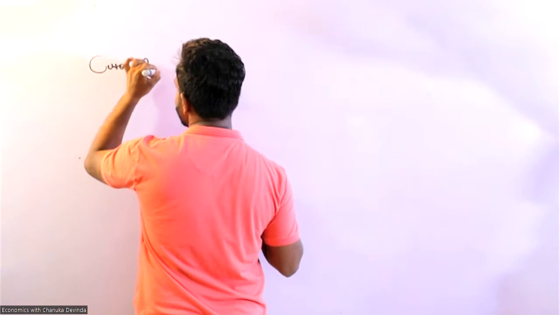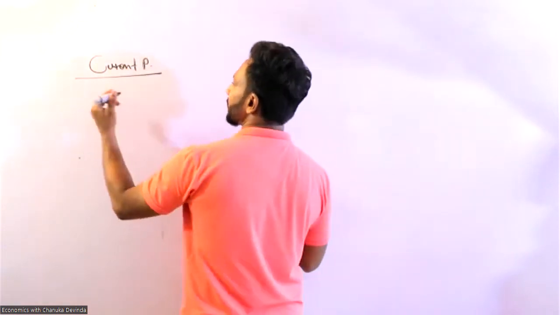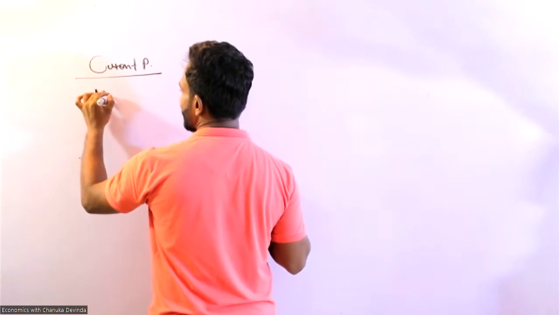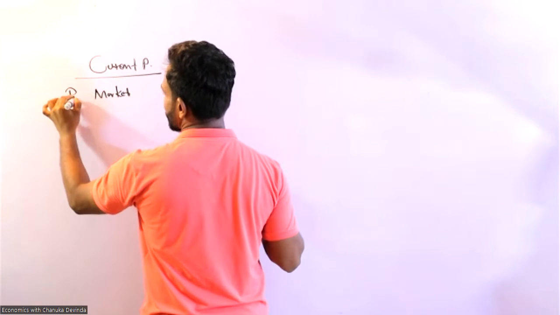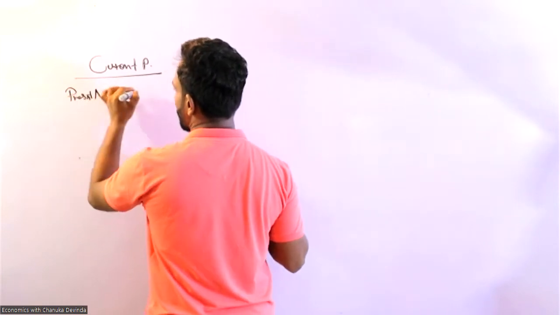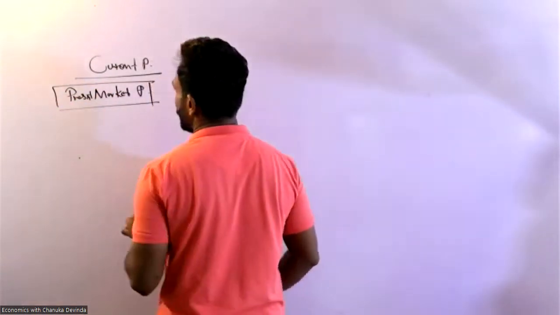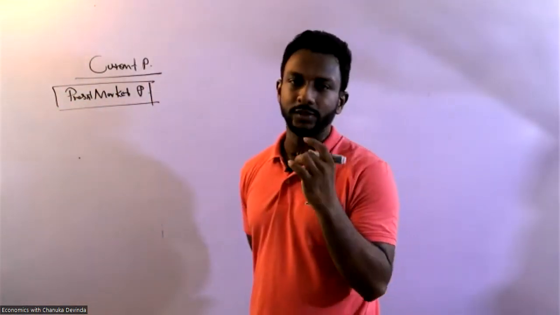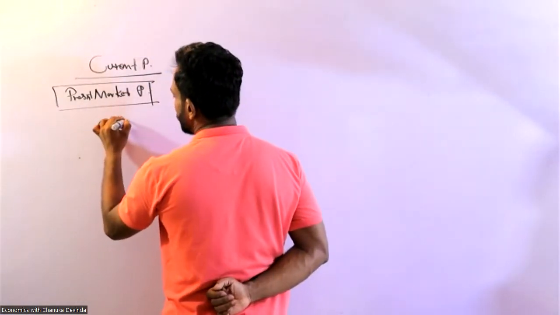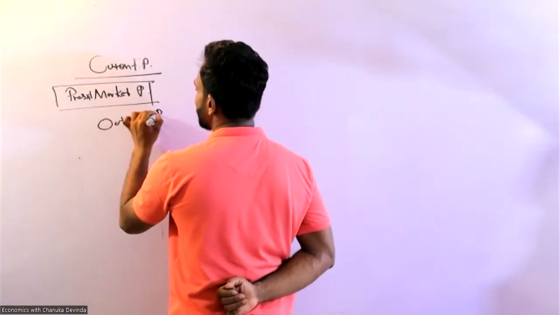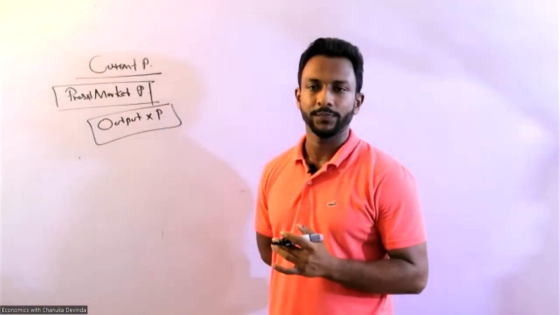Current price is the actual market price, the present market price. So if you need to calculate the nominal GDP, just multiply output by price. You can calculate that under current price, right?